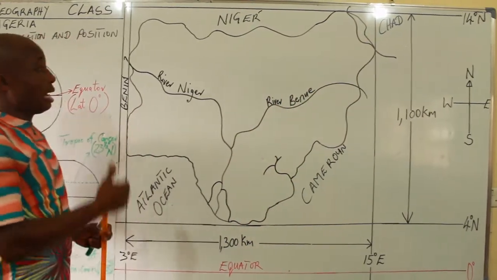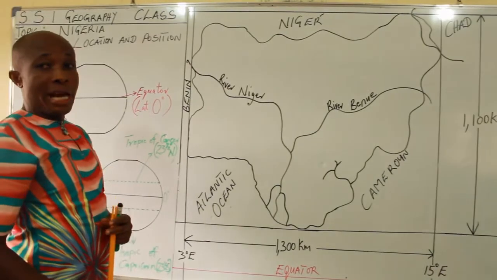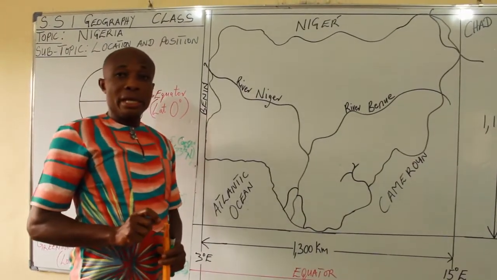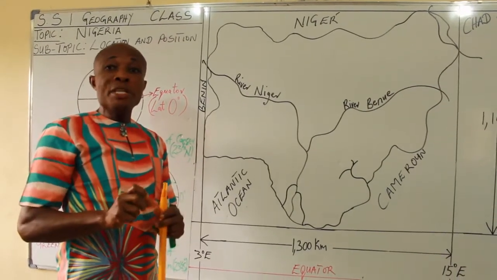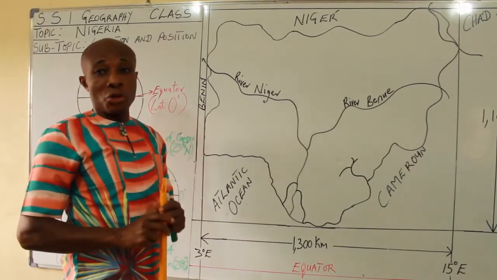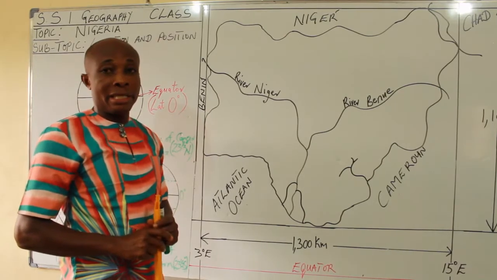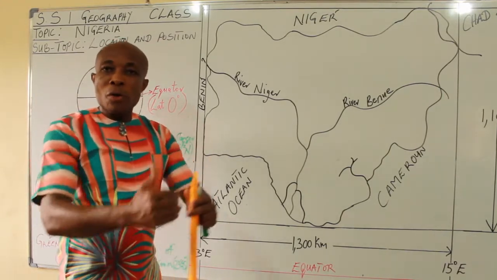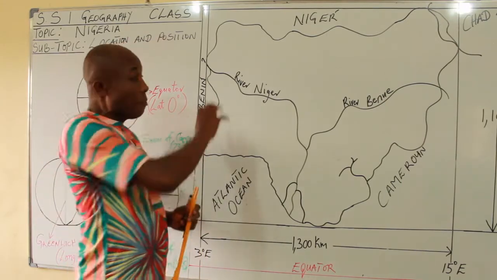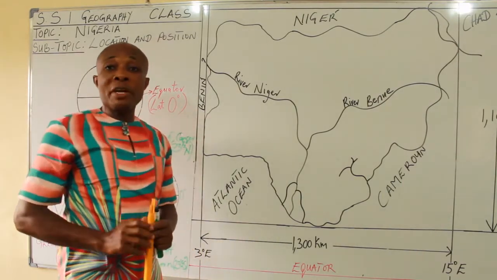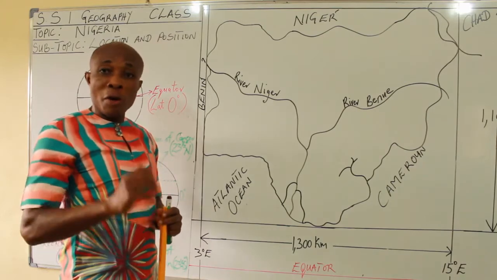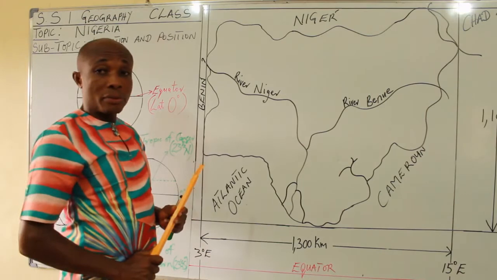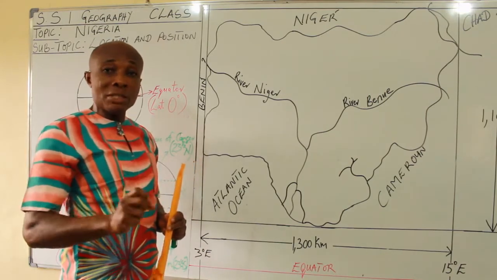Okay, now looking at Nigeria as a country, Nigeria is located within the West Africa sub-region of the African continent. And among the 15 countries that make up the West African sub-region, Nigeria happens to be the fourth largest in terms of landmass.